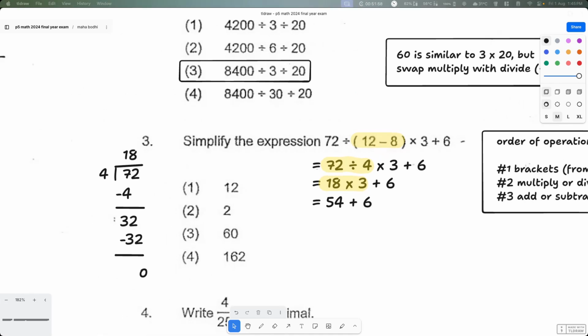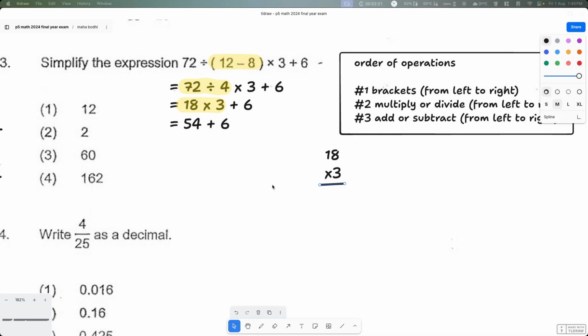Let me do the workings. You have 18 times 3. 8 times 3 is 24, I'll put 2 at the top. 1 times 3 is 3 plus 2 is 5. So 54. This is correct. Then we can do the final one. This will be 60. So the answer to this is number 3.